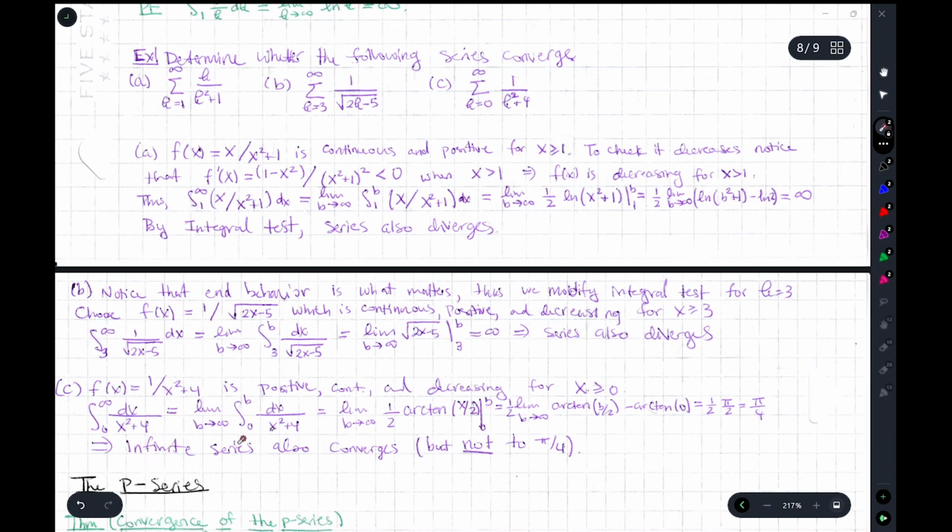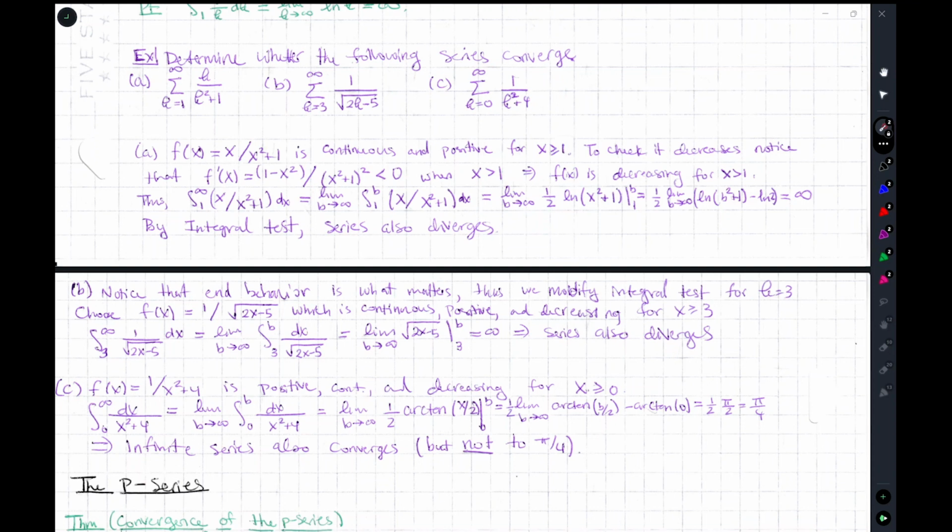And so we integrate this, we get arctan. When we take the limit as b goes to infinity, we get pi over 4 for what that improper integral is. And so the integral converges, and since the integral converges, the infinite series also converges. Does that mean that this equals pi over 4? Absolutely not. The improper integral equals pi over 4, but not the series.